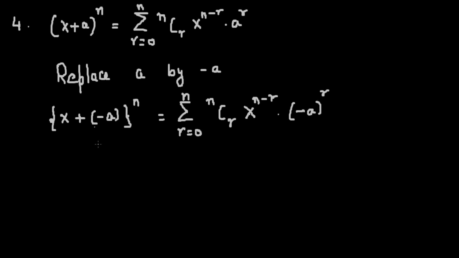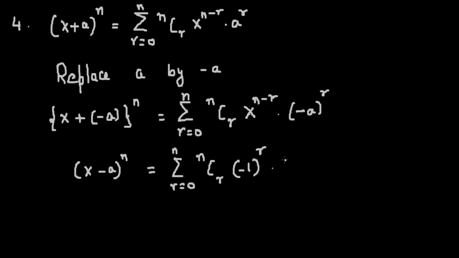So x plus negative a will give us (x minus a) raised to the power of n. Let me first quickly write it down: nCr. Now we can pull out this negative sign from inside of a and write it as (negative 1) raised to the power of r, times x raised to the power n minus r times a raised to the power r. So this is the binomial expansion of (x minus a) raised to some positive integer n.